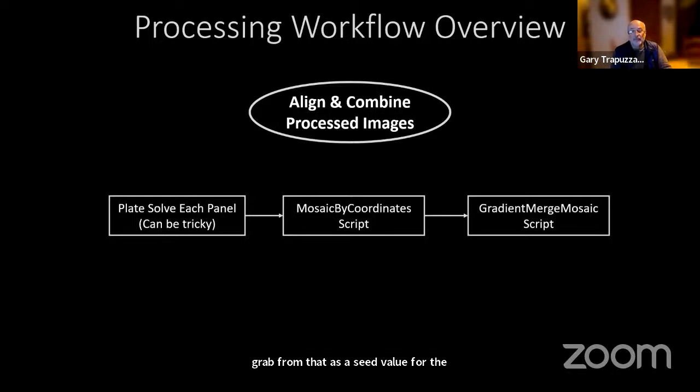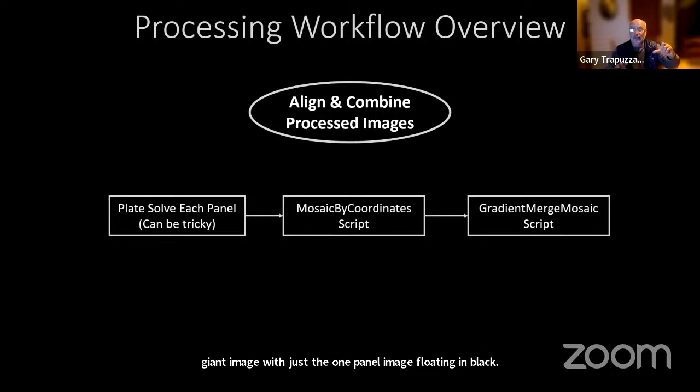Once you do that, these images all now have a position in space. Then there's a script in PixInsight called Mosaic by Coordinates, which you load the 4 panels into and say go, and it positions them so that it's like a giant image with just the 1 panel in it floating in black.